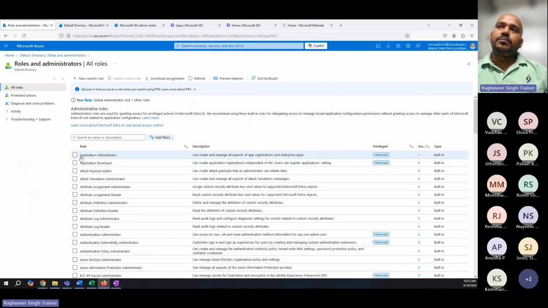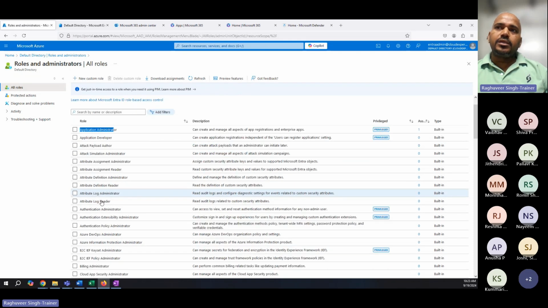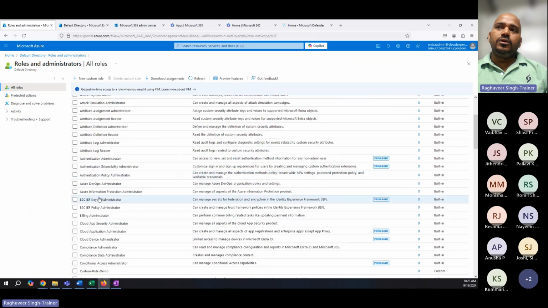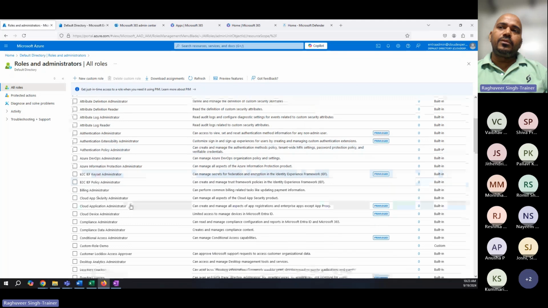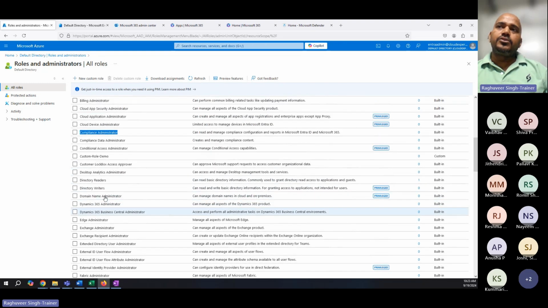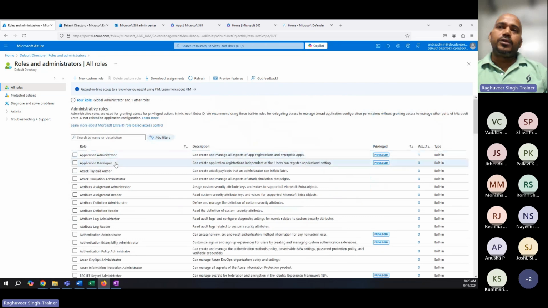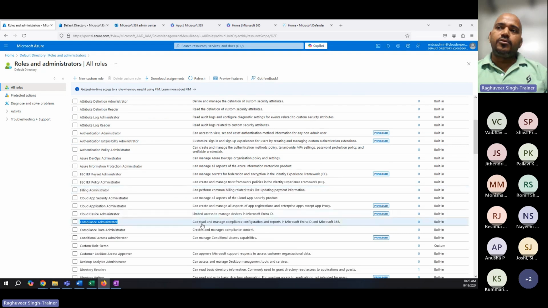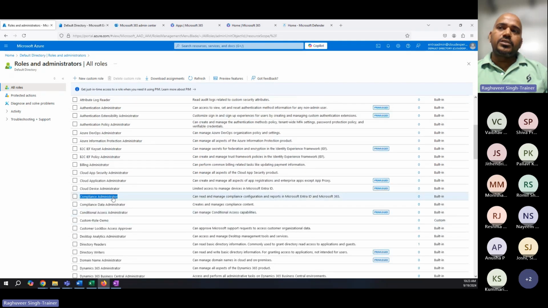For example, somebody who is an application administrator, who should be given the capability for app registration and enterprise application addition. At the same time, that person is also your DevOps person, or that person also needs access to compliance related capabilities, right? So compliance administrator. However, in app registration, the person should only be able to register apps, but should not be able to manage the configuration. Or let's say in compliance, the person should be able to only read, but not manage the compliance. So there could be custom requirements.